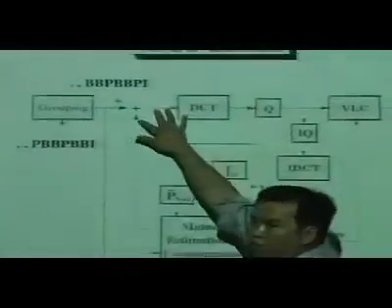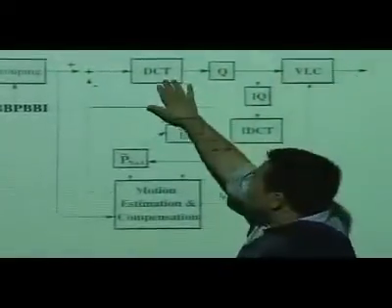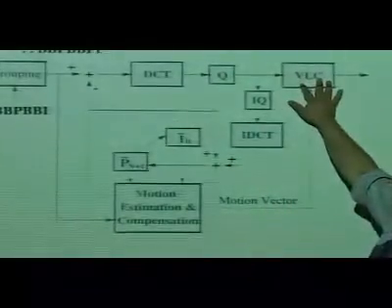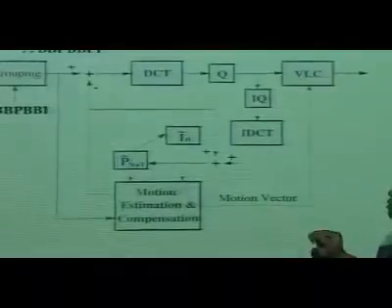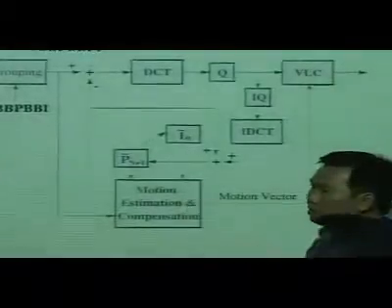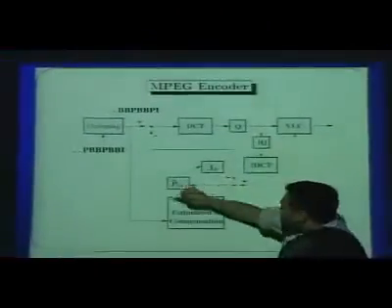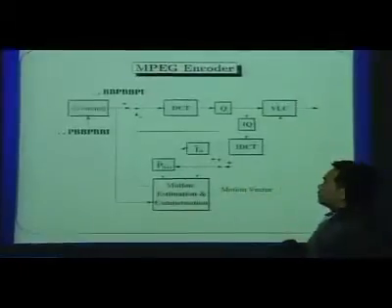That's coding the first frame in a group of picture, consisting of DCT, quantization, and entropy coding. Okay? And then everything else will be predictive coding. And how do you do the predictive coding? Predictive coding is motion estimation. Right?